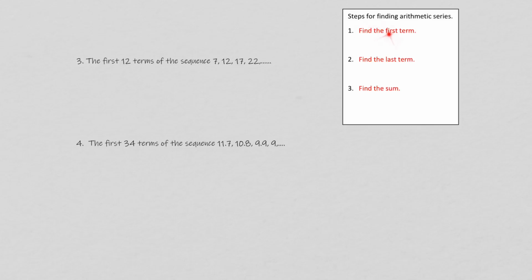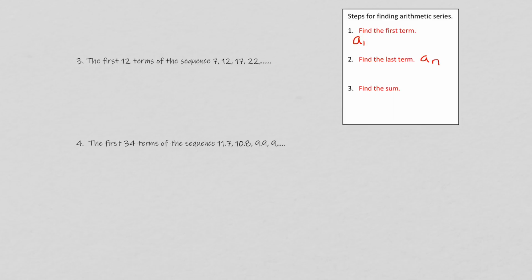The first one is I'm going to find the first term. Remember, that's where I'm going to somehow figure out what a sub 1 is, whether I plug it into the sequence or I just see it, like I'm going to in the next couple problems. The second thing I'm going to do is find the a sub n. So whatever that last term is, that's what we call our a sub n.